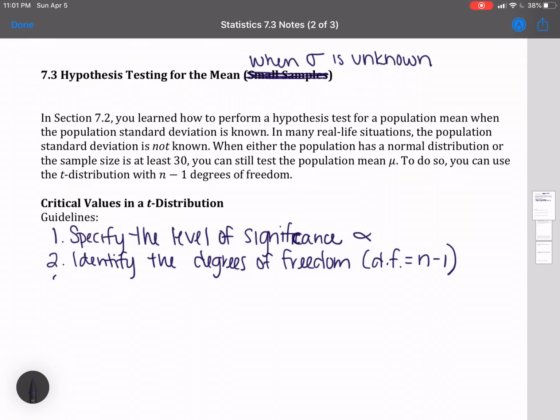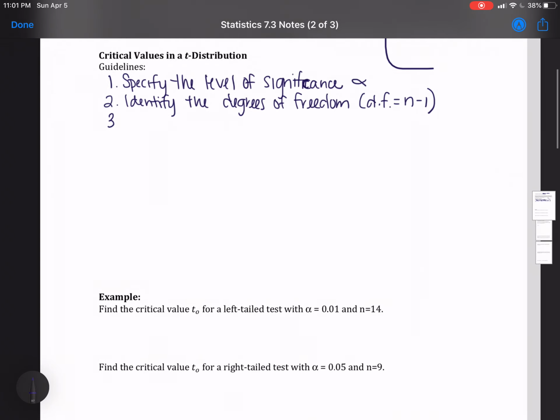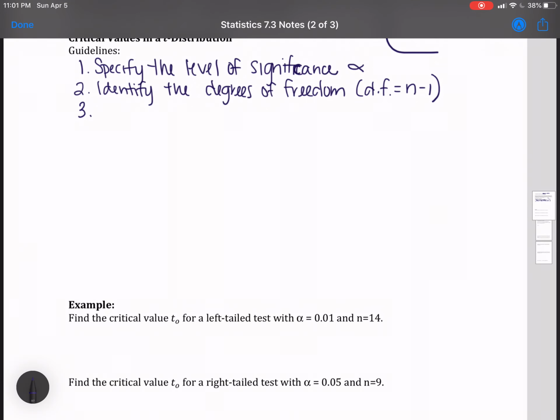And then we're going to find the critical value from table 5.